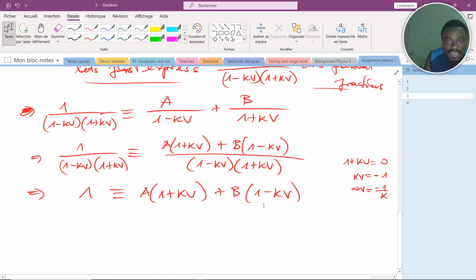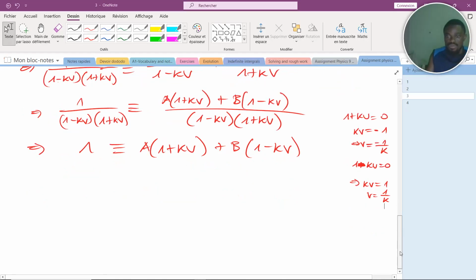Is that okay? The same thing if I find the root, or the zero, of this, 1 minus kv equals 0, it implies kv will be equal to 1 and v will be equal to 1 over k.